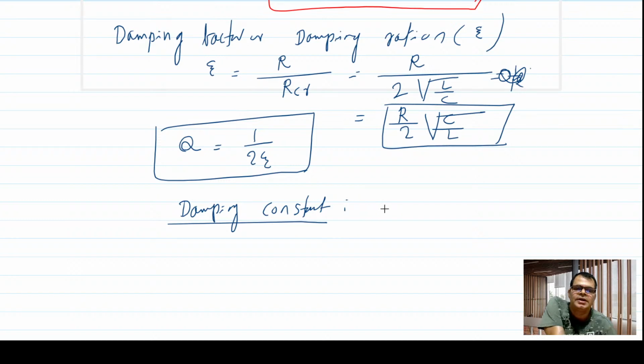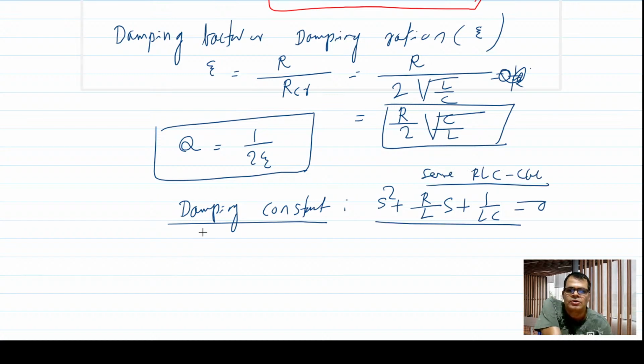For this series RLC circuit we know this is the characteristic equation: s square plus R upon L s plus 1 upon LC equal to 0. So the damping constant, that is sigma, is the real part of the root of the characteristic equation.